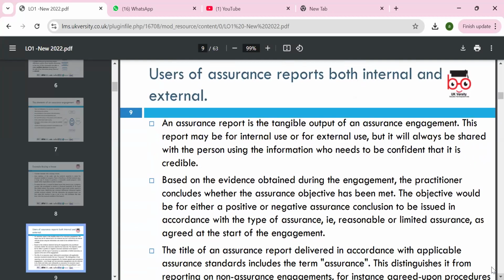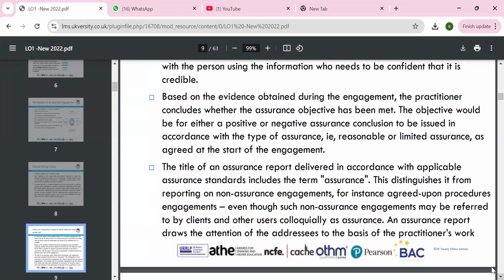So there is confidence that it is credible, based on the evidence obtained during the engagement. The practitioner concludes whether the assurance objective has been met. The conclusion would be either positive or negative assurance, issued according to the type of assurance, and the limited assurance as agreed at the start of the engagement.